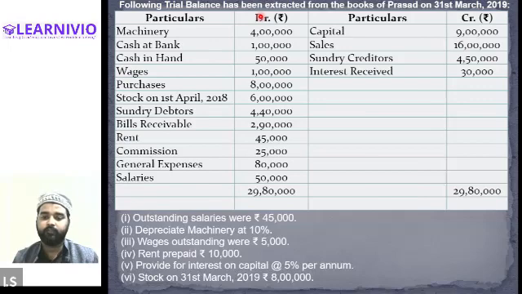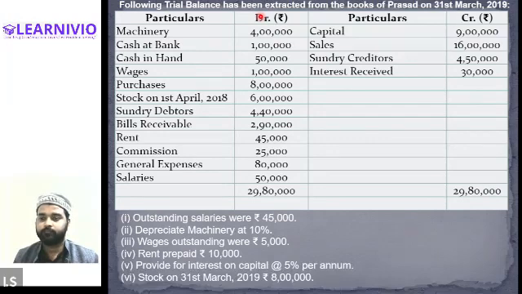How are we going to deal with the interest on capital at the rate of 5%? Tell me. Any idea, anyone? Provide for interest on capital at the rate of 5%. How will we be treating it?